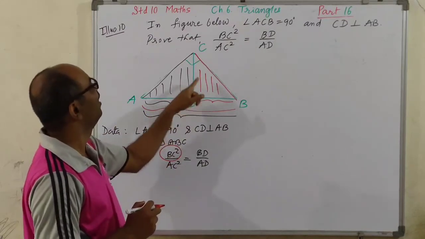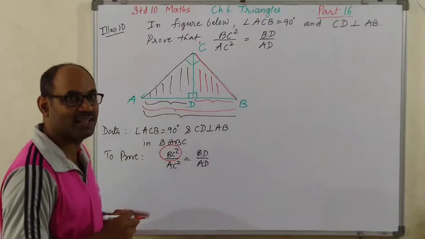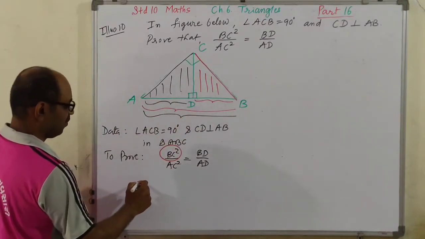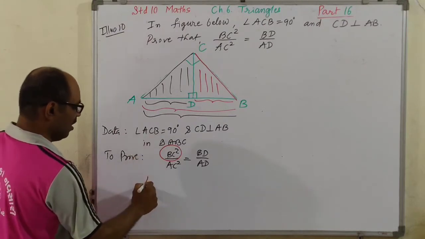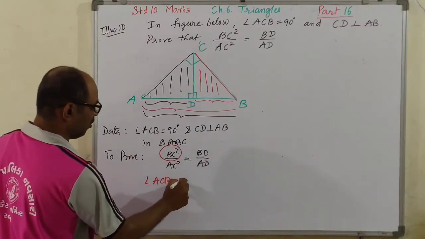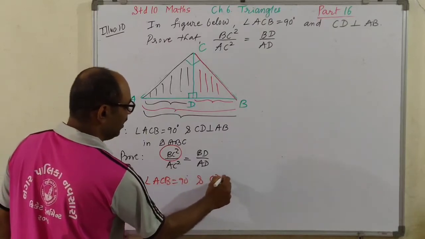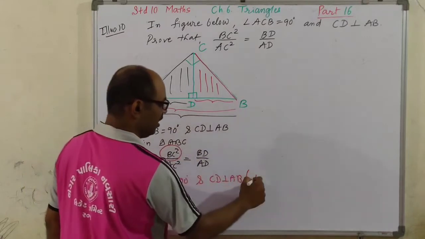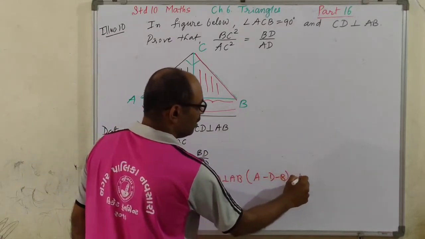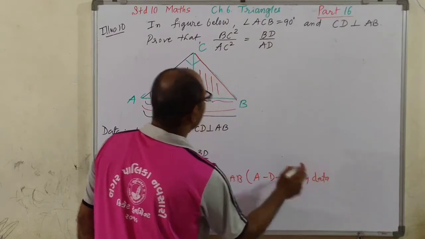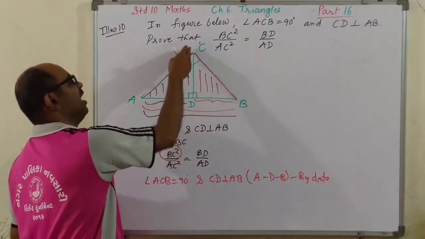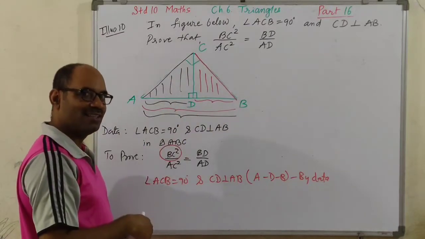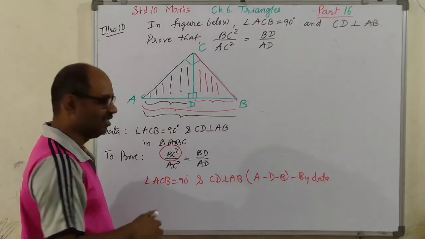But you got the idea: triangle ABC is similar to which triangle? Which triangle do we have to take? The red line one. Okay, let me write this. Angle ACB is equal to 90 degrees and CD is perpendicular to AB, and triangle A D B. This is by data. When this situation occurs, the triangle on one side of the perpendicular is similar to the whole triangle by Theorem 6.6.